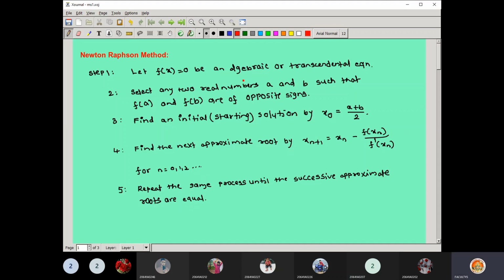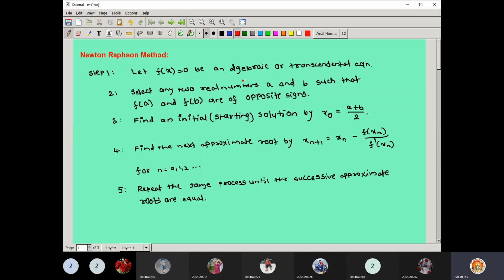You are using a new formula to find the approximate root. Here dash indicates derivative, for n equal to 0, 1, 2 and so on. So remember that particular formula to get the approximate root.